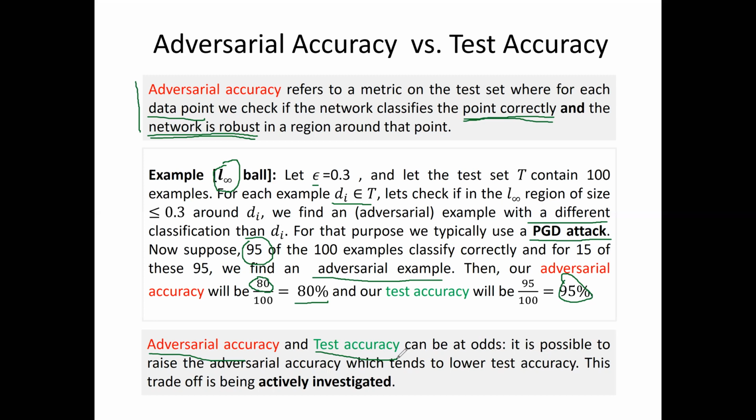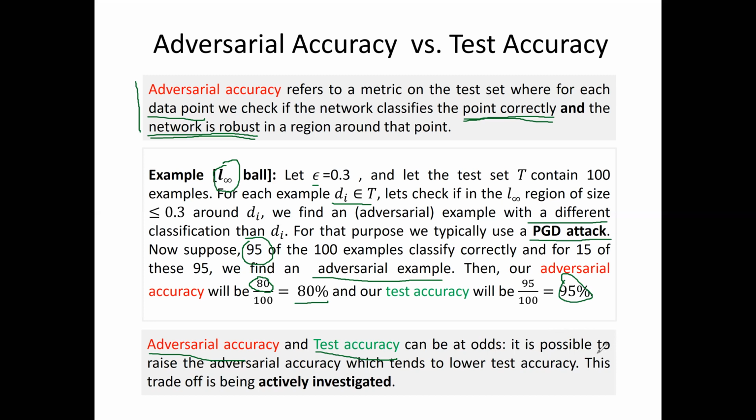Maybe the test accuracy reduces from 95 to 90%, let's say in our example. However, the adversarial accuracy can increase, maybe going up to 82%. So you have fewer points classified correctly, but more points are actually robust.